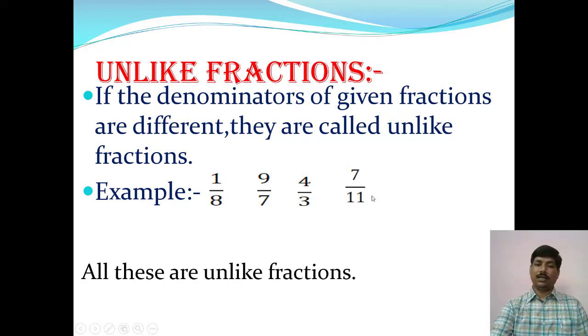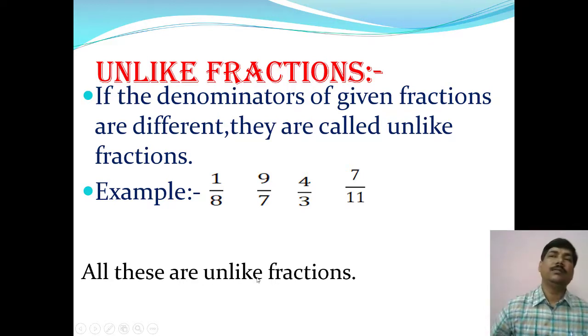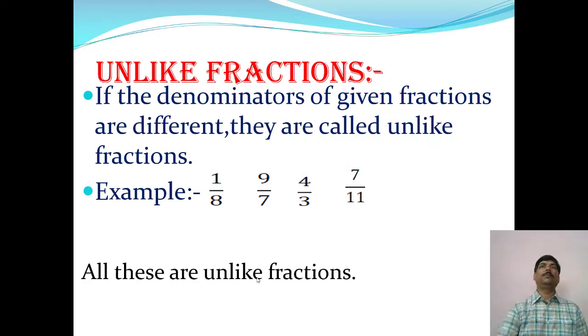So all these fractions are unlike fractions. We can give some more examples of a group of unlike fractions, such as 1 upon 5, 2 upon 6 and 5 by 8. This group of three fractions is a group of unlike fractions.